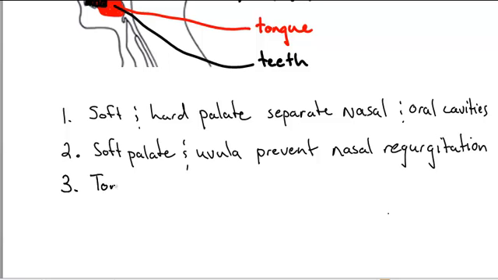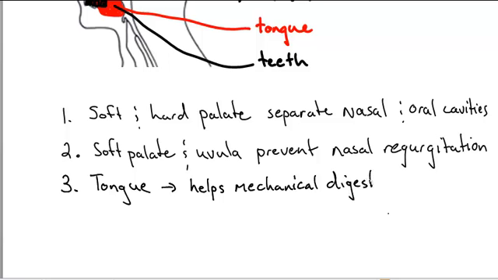Your tongue, which serves several functions in terms of digestion, many more in terms of speech, helps with mechanical digestion, along with teeth and cheeks.